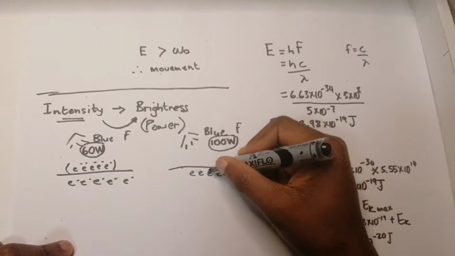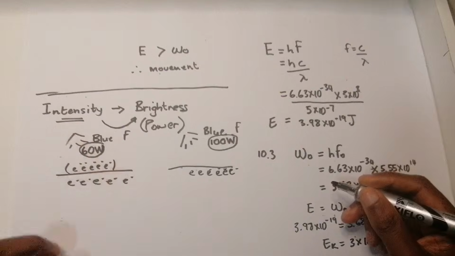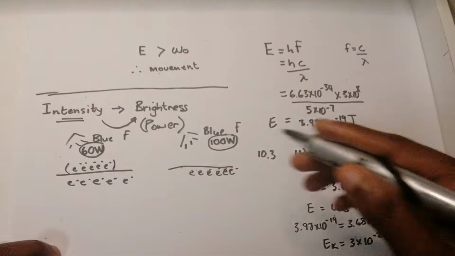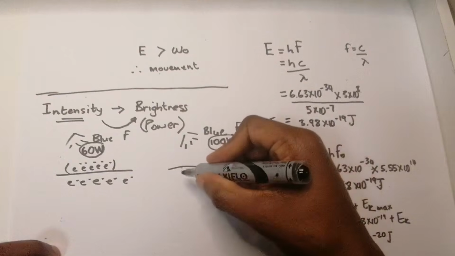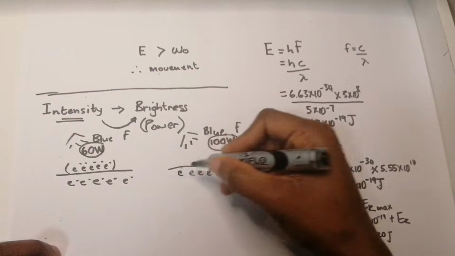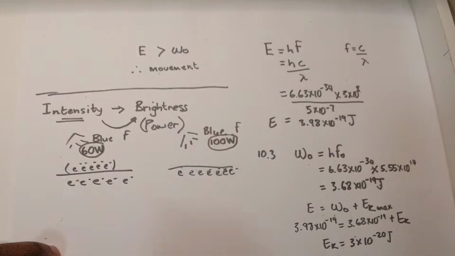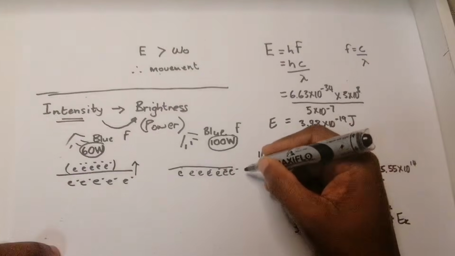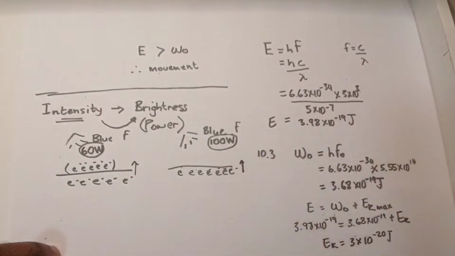So if I was emitting, say, 5 electrons per second, now when I use a high power bulb, I will be able to emit more electrons per second. But please note, they are still moving with the same kinetic energy. I hope you can understand that, ladies and gents.